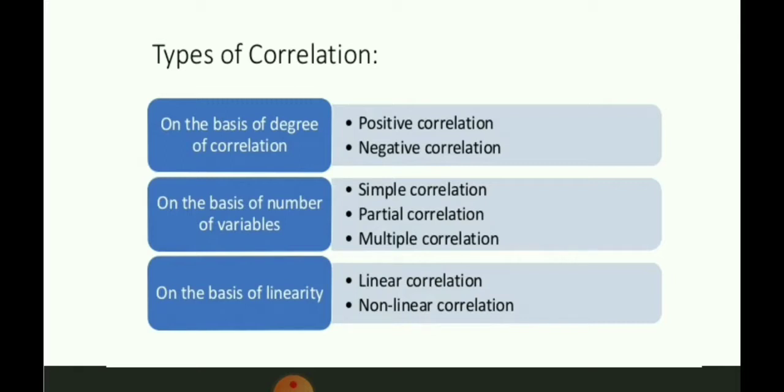When you do this correlation analysis, how many variables do you have? If you have only two variables, that is called simple correlation or linear correlation. If you have more than two variables, that will be the case of partial and multiple correlation. We will study it later. And on the basis of linearity, the types of correlation are two: linear correlation and non-linear correlation.